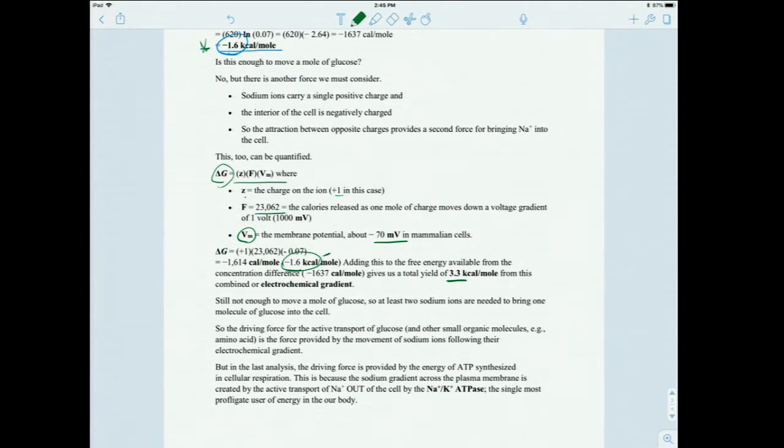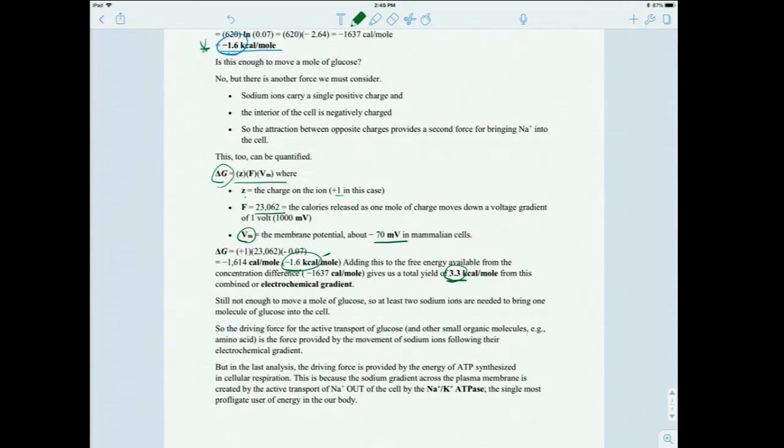So two things. One, the sodium is going across the membrane. It's going from positive to negative, so the negativity of inside the membrane is drawing the sodium in. Plus, the sodium is going down its concentration gradient, so I have two things that are going to yield me energy, and then when I add those up, I get 3.3.